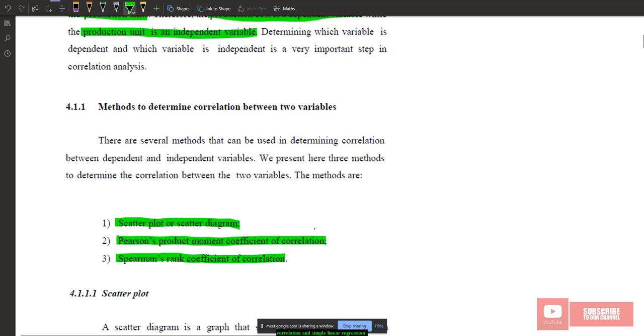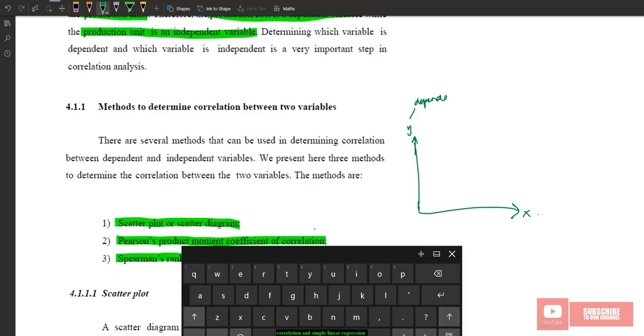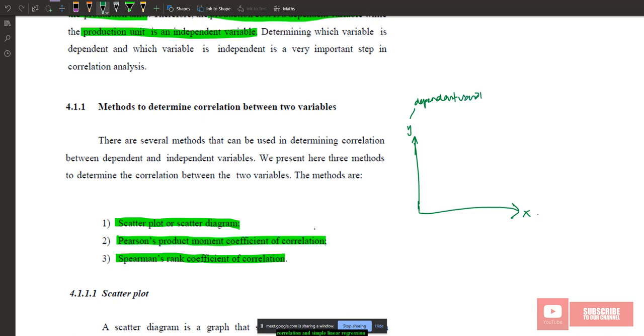As I said just now, we have three methods to determine correlation between two variables. The first method is the scatter diagram. For a scatter diagram, we should draw a diagram with axes, the y-axis and the x-axis. The y-axis is your dependent variable and the x-axis is the independent variable.